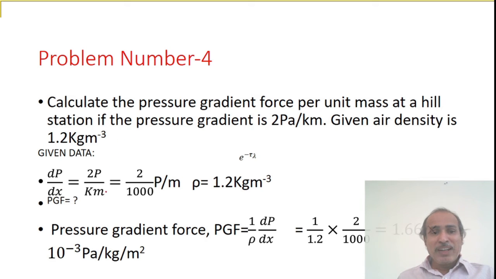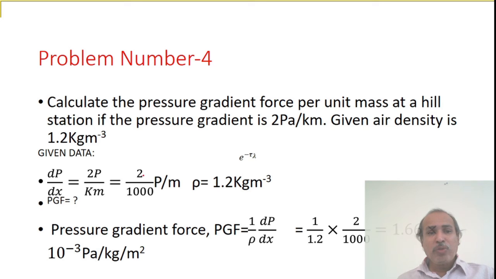So now recall the formula. What is the pressure gradient force? Pressure gradient force equals 1 over rho dP by dx. So here rho is given as 1.2, into dP by dx, that is 2 Pascal per kilometer.